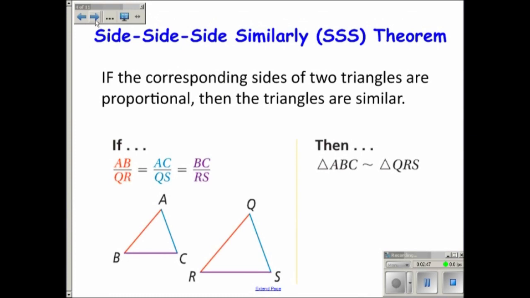The last one is the side, side, side similarity theorem, and that is if the corresponding sides of the 2 triangles are proportional, then the triangles are similar. We looked at problems like this in the last section, section 7-2, where all the sides are proportional and therefore the triangles are similar. So here are the 3 theorems and postulates we can use to prove triangles are similar.